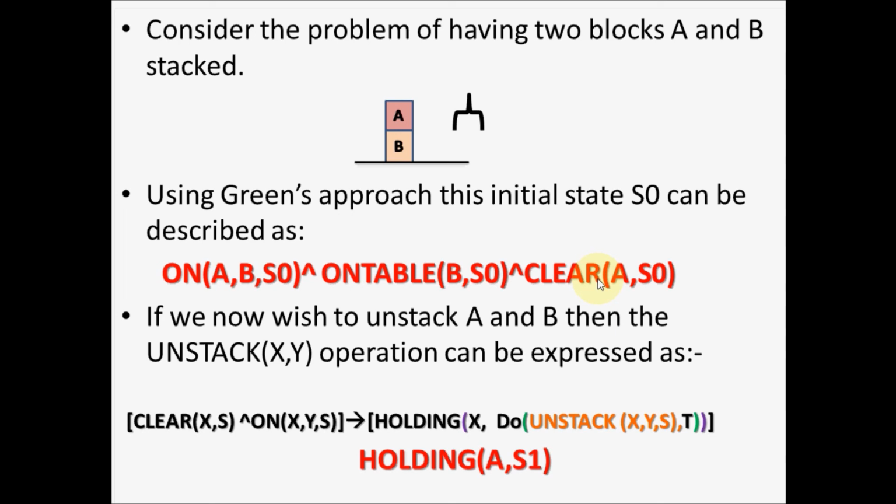The second issue is, in Green's approach, after taking an action, there might be certain things which are not changed, and you will have to explicitly specify what is not changing, right? Similarly, suppose there is a robot agent who is an automated teacher, and there is a student in the class for a particular lecture.